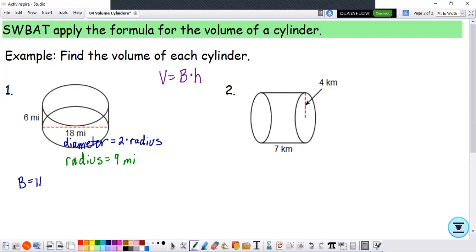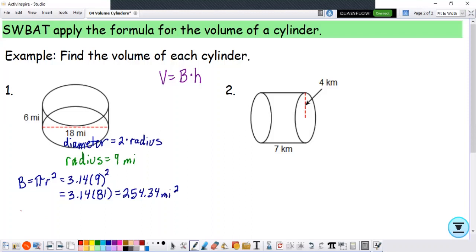It's a circle, so we're going to use pi r squared, which is 3.14, and our radius is 9. 9 squared is 81. So the area of our base is 254.34 miles squared.